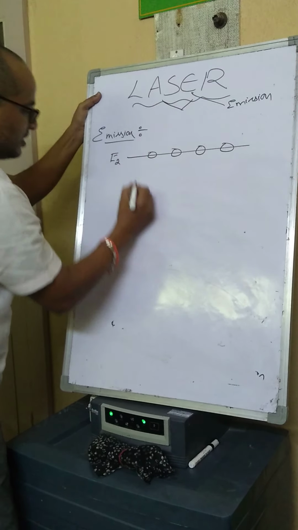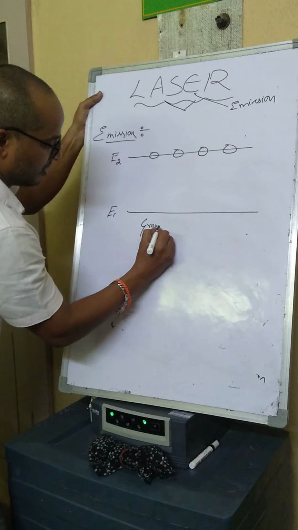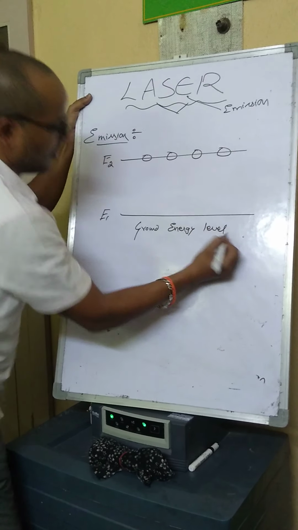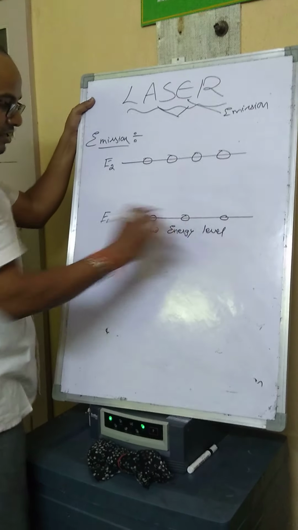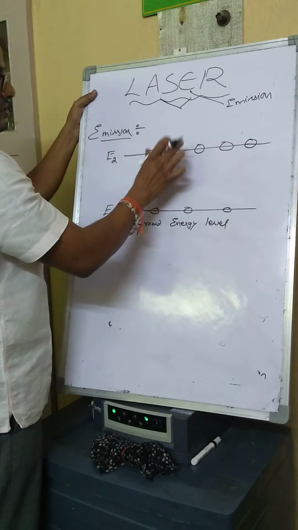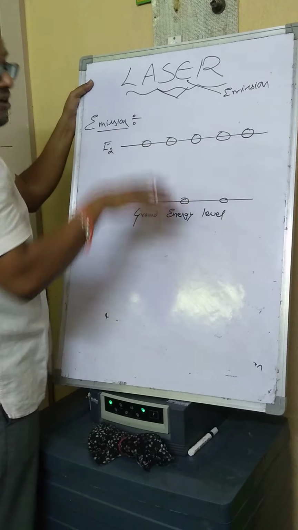So this is the higher energy level, and say this is the lower energy level or ground energy level, and all the atoms will be excited, and there will be some here in the ground energy level, and these atoms are excited. Now these are said to be higher energy level atoms, and these are ground energy level atoms.